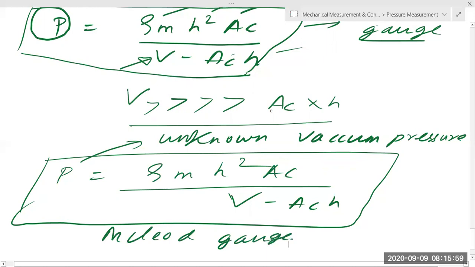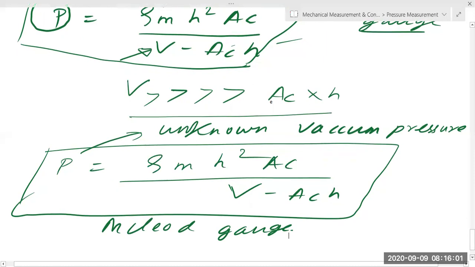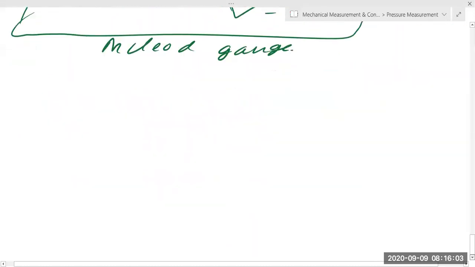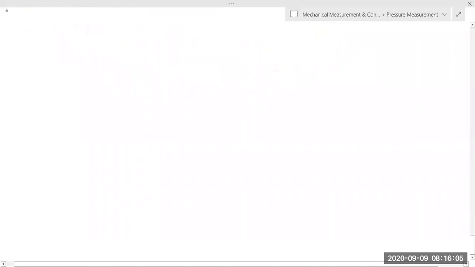Before listing that, I'll tell you the working principle, in simple words.